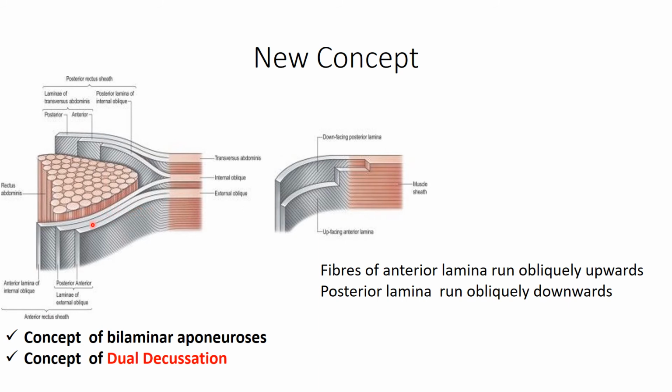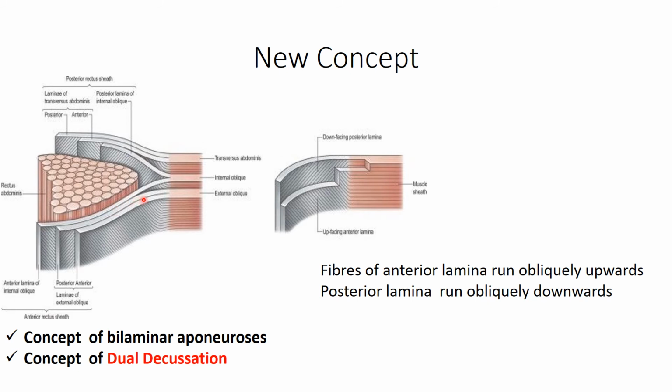So each layer, the anterior layer, consists of these three layers, in which the middle layer has the direction opposite to the anterior and the posterior. So that provides an inherent stability and strength to this layer.